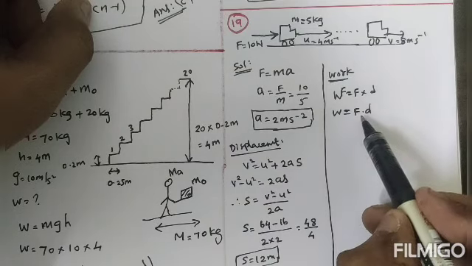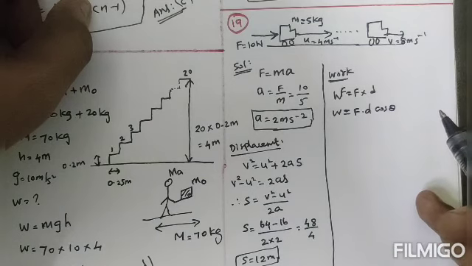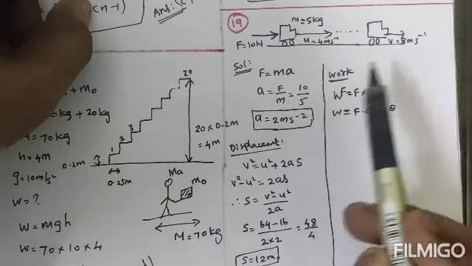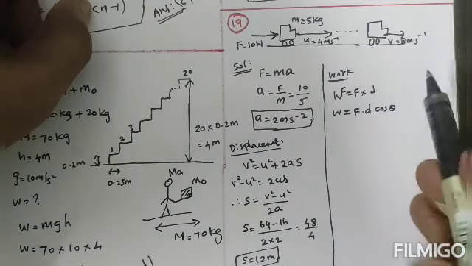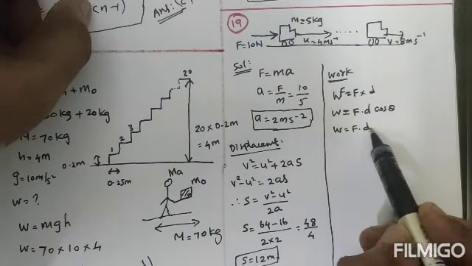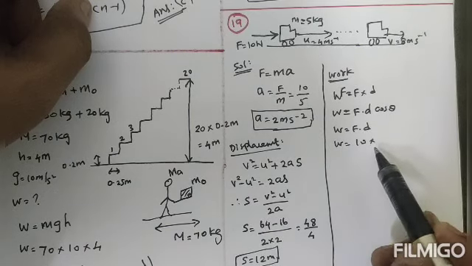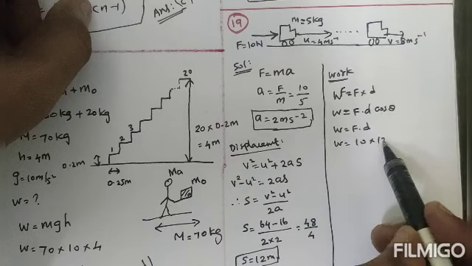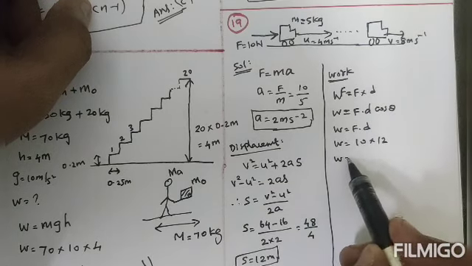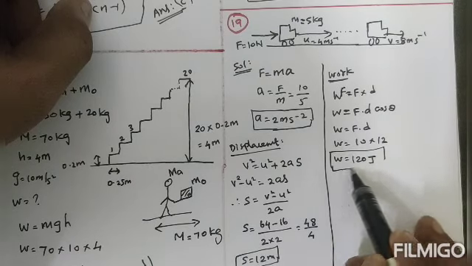But now it is F D cos theta. It is along the same direction, so the angle theta is 0. So cos 0 is 1. So we can write F into D. Therefore work done is equal to force value 10 Newton, then displacement we just found, 12 meter. So work done is equal to 120 joule. So work done also correct.